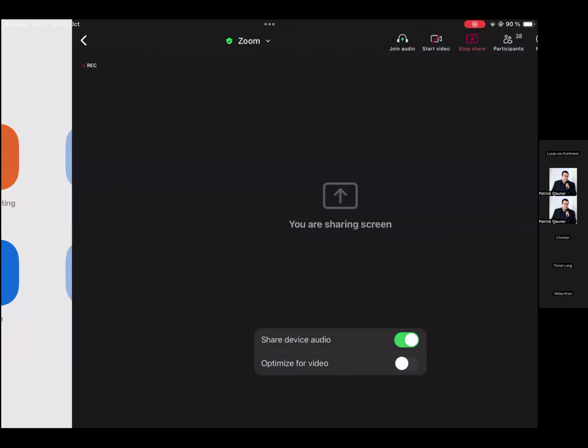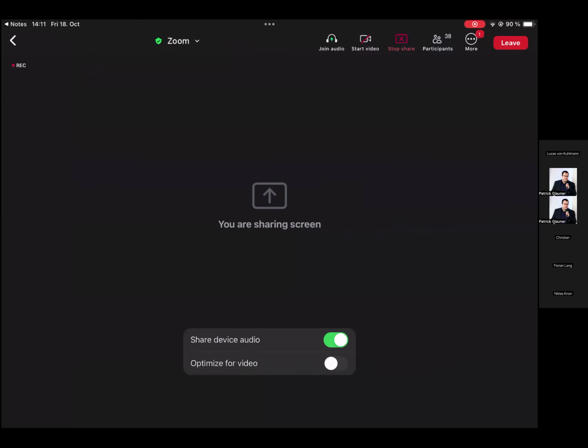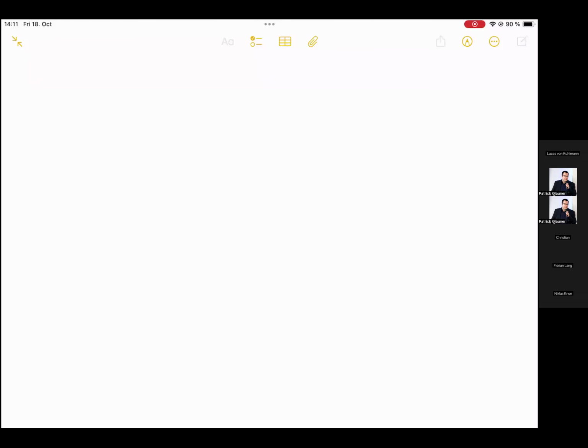Just takes a second. Somehow got stuck. Need to see what the issue is. So finally, the screen share is working.